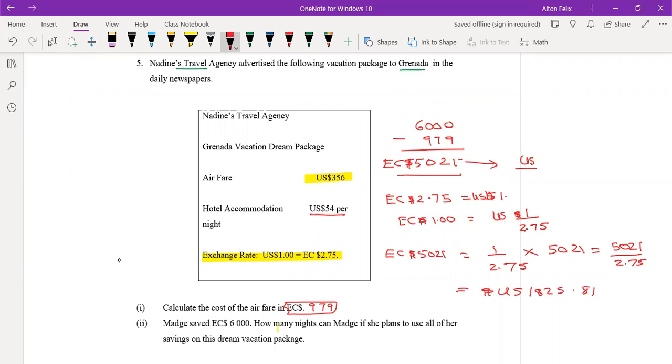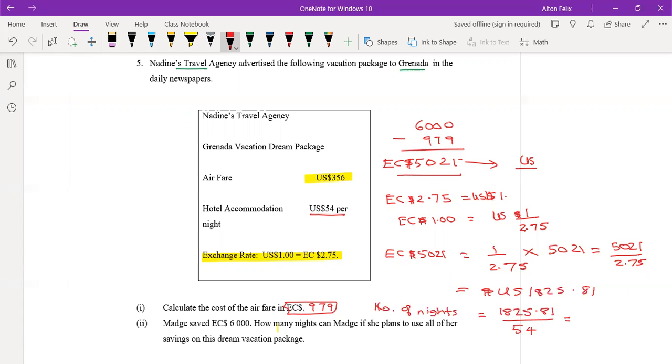Now, if each night she stays there she has to pay 54 US, then to determine the number of nights she can stay, you take the amount she gets in US, which is this figure, 1825.82, and divide that by the cost per night, which is 54 US.